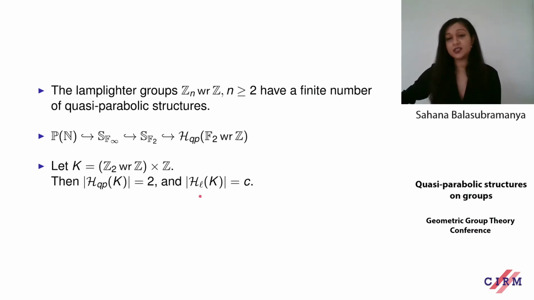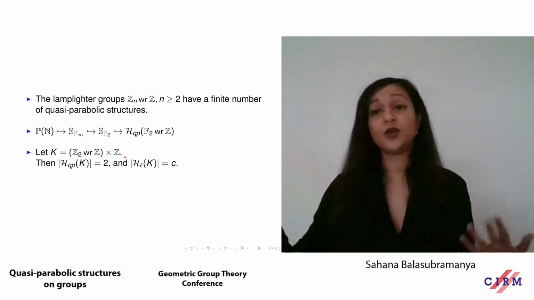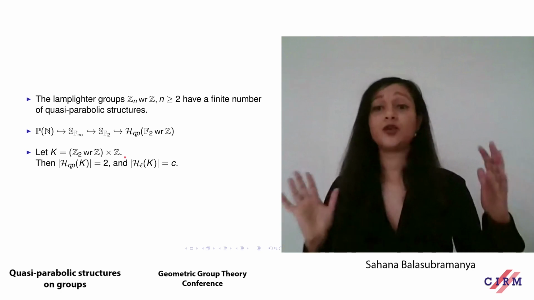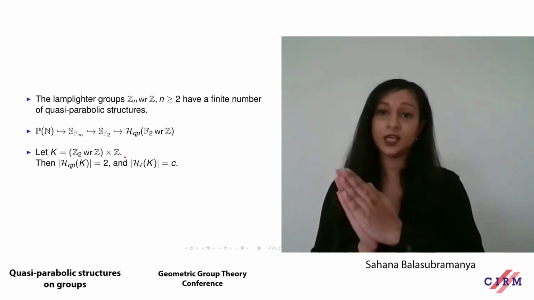And how do we get this? Well, our group K has two independent projections to Z. One comes from the Z factor of the direct product, and the other comes from the projection to this copy of Z. So you can actually get a projection to Z cross Z. And now you pick your favorite line in the Euclidean plane of whatever slope you want, and I can project the entire grid down to this line.